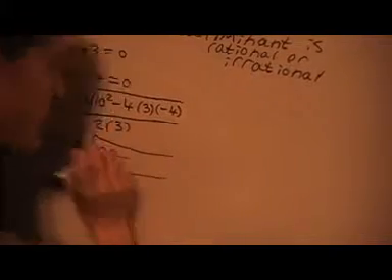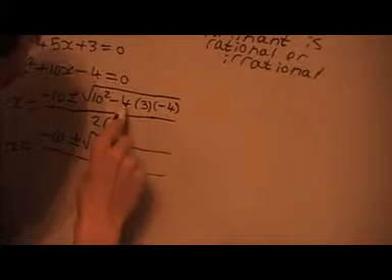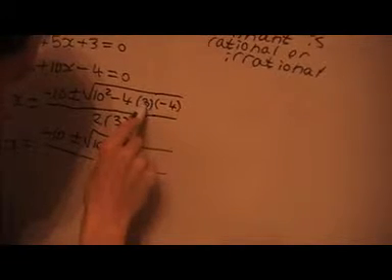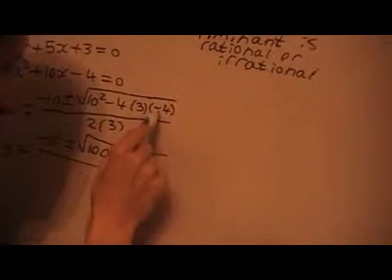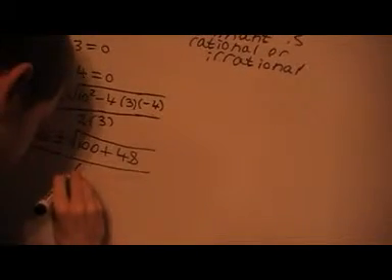And I get minus 10 plus or minus the square root of 100 minus 12 times minus 4, that becomes a plus, so it's plus 48, over 6.